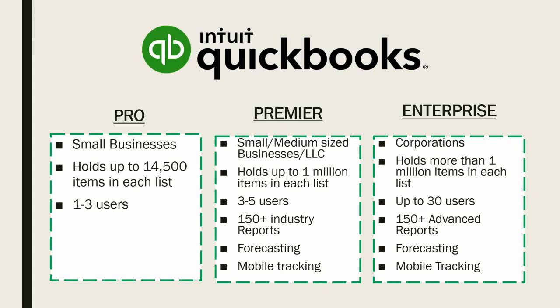And then here there's also forecasting. Forecasting means making projections for the future. You can predict with Premier, and you can also have mobile tracking. So as I've mentioned before, we are looking into the new digital age where everything is in the convenience of our hands, right?